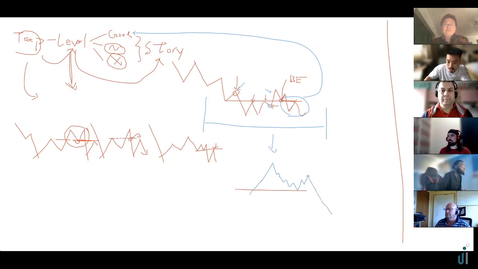This pullback again, we're looking on the 5, get our kill at a 60-minute zone to sell. So here, we are using a 5-minute trap and kill with a trap and kill on the 60-minute to execute this piece.